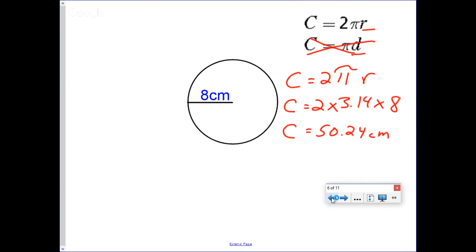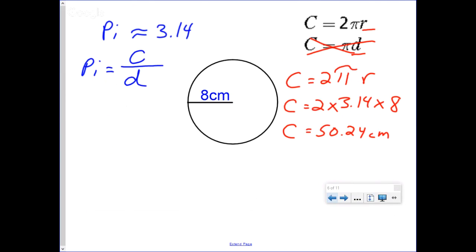Lastly, let's talk about pi a second. Pi is abbreviated, we say, to 3.14. There is a ratio that we need to remember for pi, and that is pi is equal to circumference over the diameter, or circumference to the diameter.